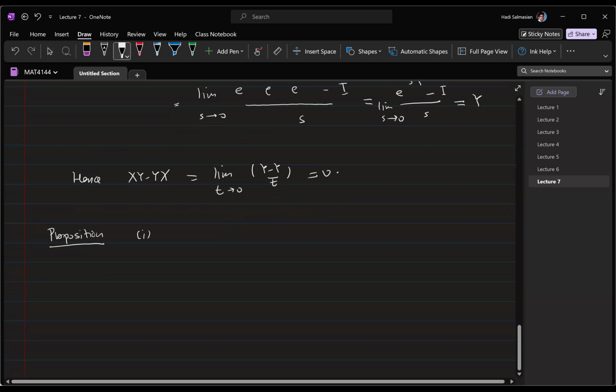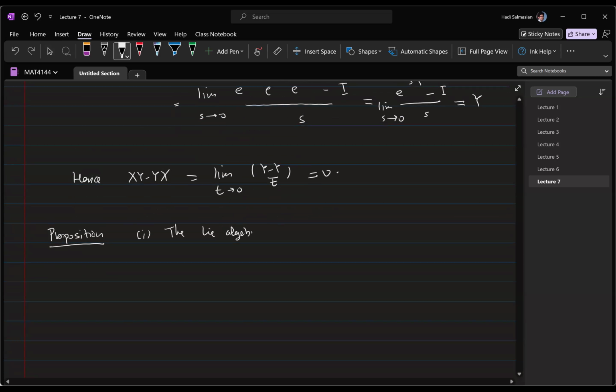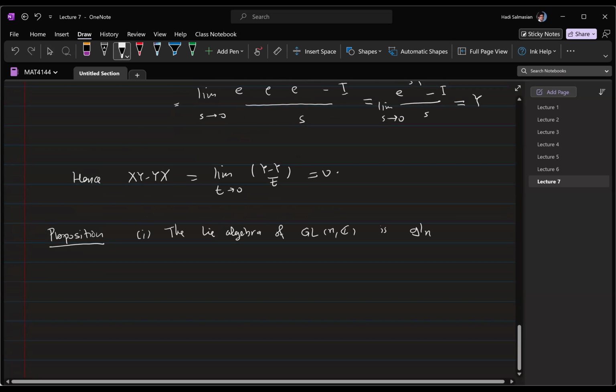So the first part, the Lie algebra of GLNC itself as a Lie group. Is this Lie algebra GLNC? So this is just n by n matrices over C with the usual bracket, xy minus yx.